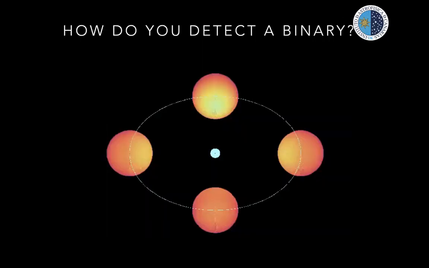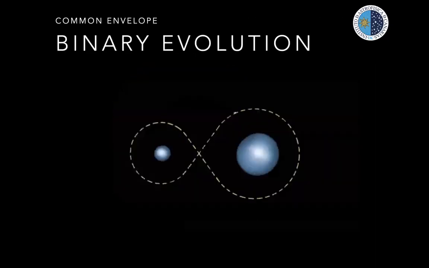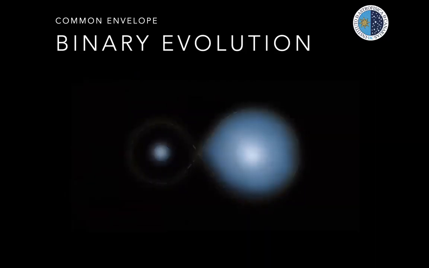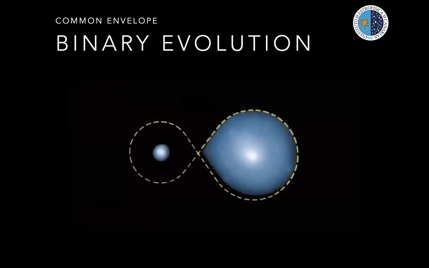If I have this diagram again, my feeling is that probably the jets are formed when the system is a bit like this. There is probably some period at which this overflow, when the first star begins to fill its Roche lobe, doesn't completely run away.